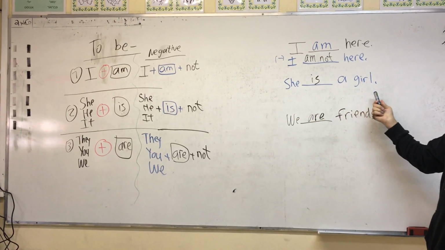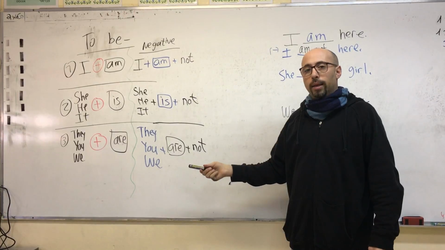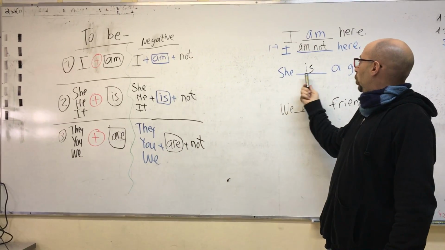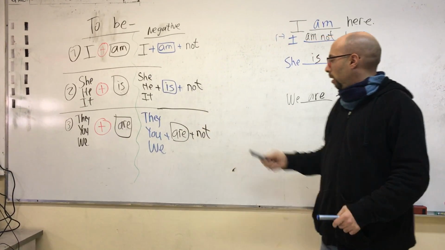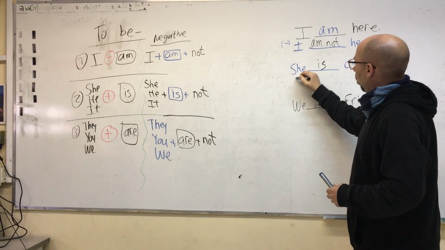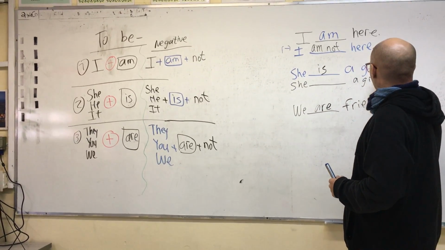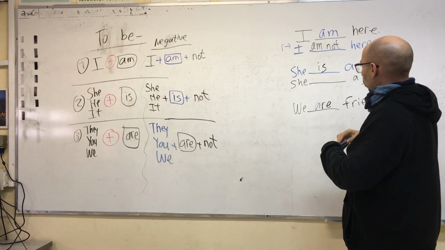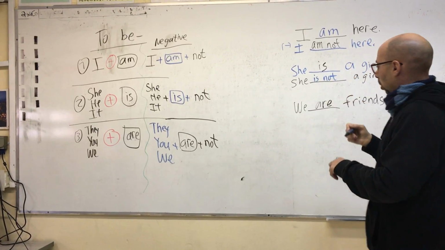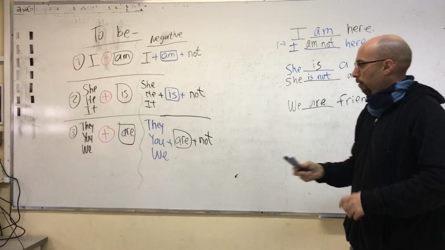She is a girl. I continue to use the table as my base for knowing how to do this. She is not a girl. We are friends. How are we going to turn this into the negative?